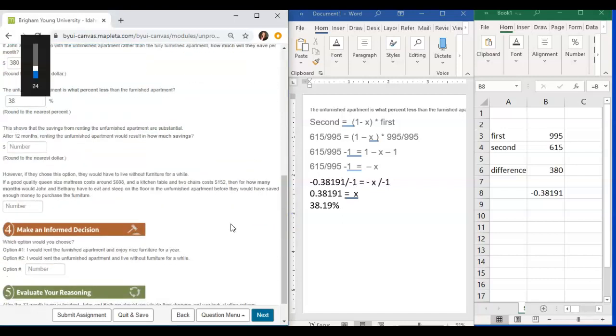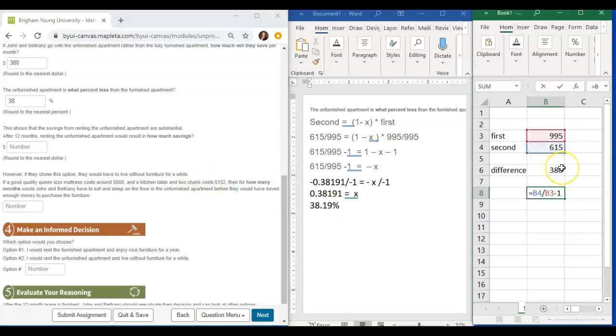This shows that the savings from renting the unfurnished apartment are substantial. After 12 months, renting the unfurnished apartment would result in how much savings? Okay, so we're past the percentage now, and we're going to come back to the difference, which, to get out of this, press enter, just in case that's something that you've clicked into as well. So I want to reference, this was the difference every single month, $380.